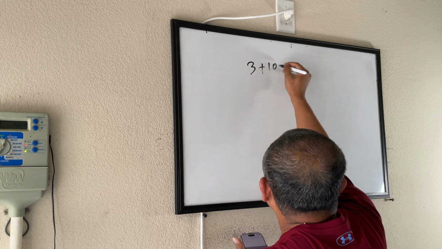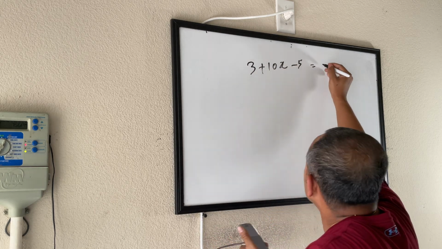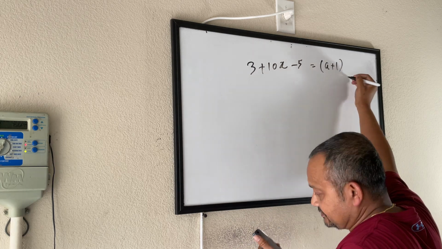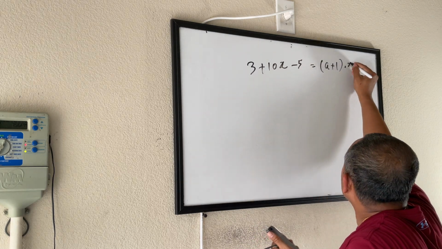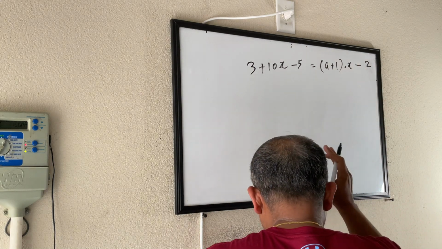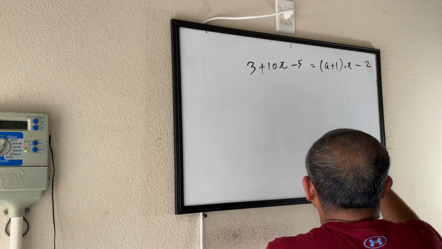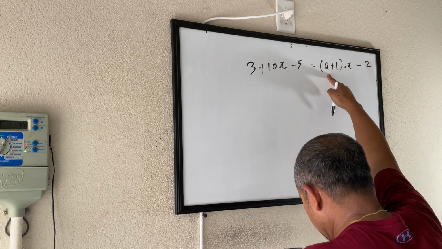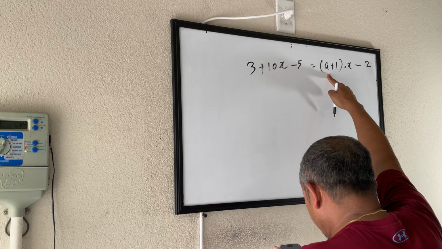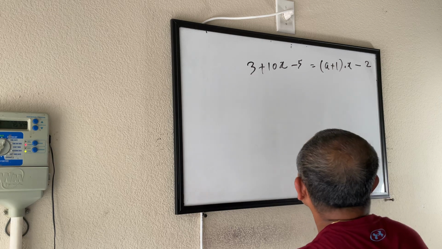The problem is: 3 plus 10x minus 5 equal to (a plus 1) times (x minus 2). In the equation shown above, a is a constant. For what value of a does the equation have infinitely many solutions?